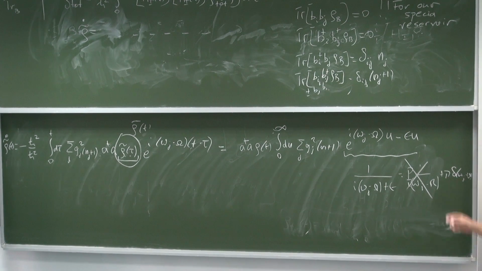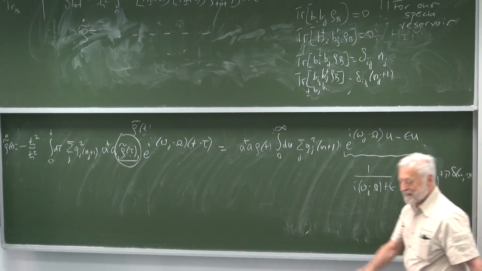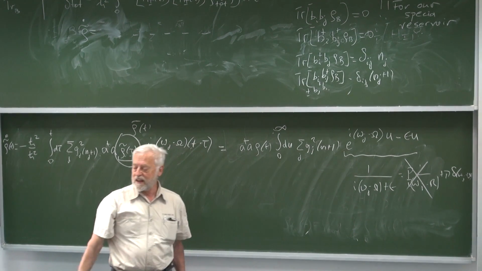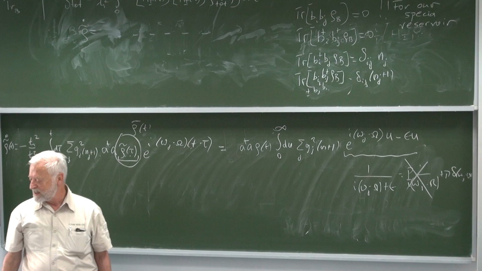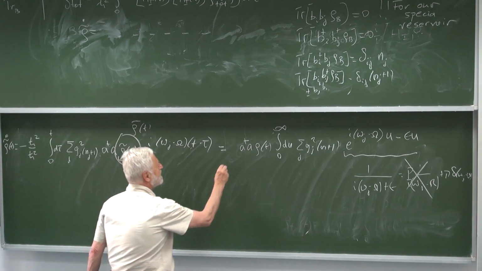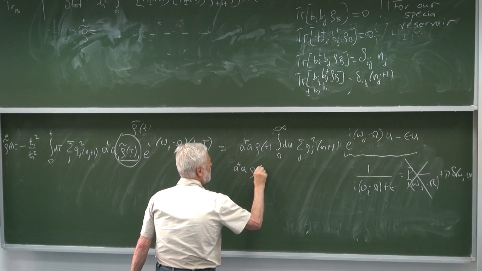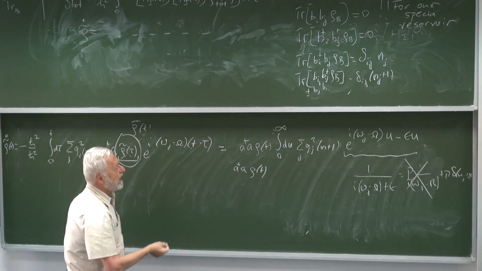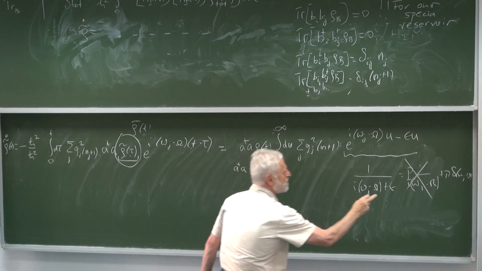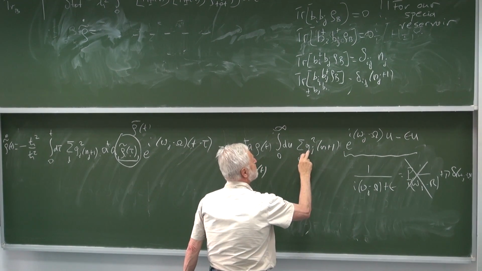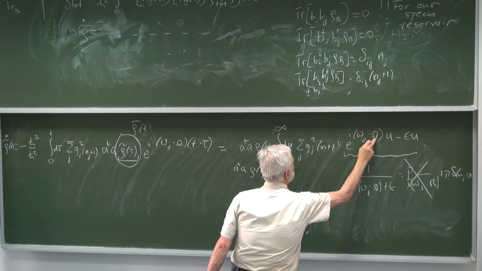Now, the other thing is nice, it's delta. And we can sum, or if you want, integrate over frequencies of these omegas. And then we get from this term a dagger a, rho of t, and you remember pi times modulus of j evaluated at the frequency of the oscillator.